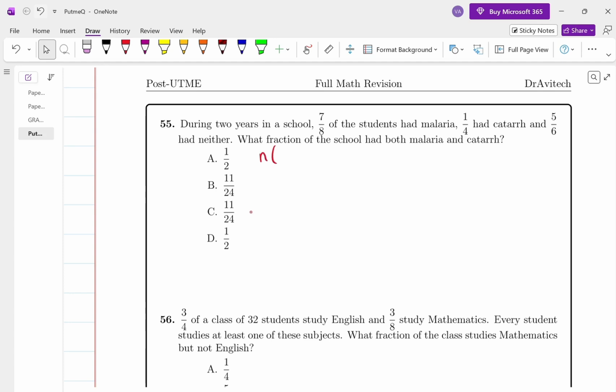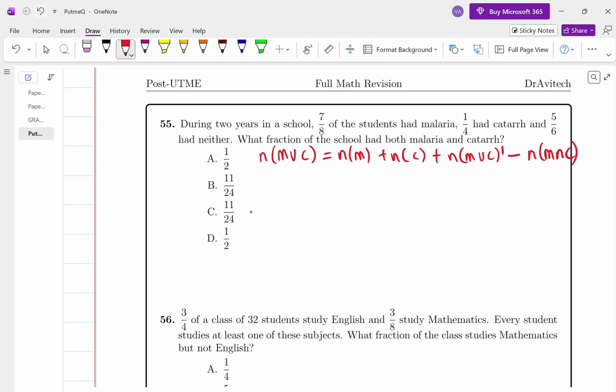The number of those that had malaria or catarrh together is the number that had malaria plus the number that had catarrh plus the number that had neither of them, because they were still members of the school, minus those that had both of them. So this formula actually stays.